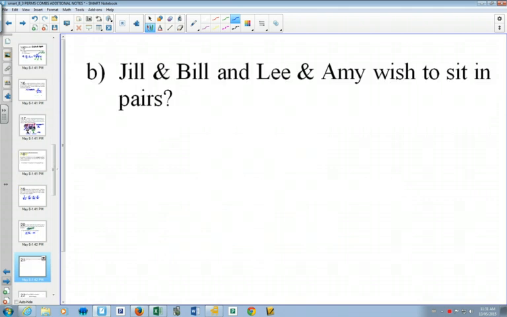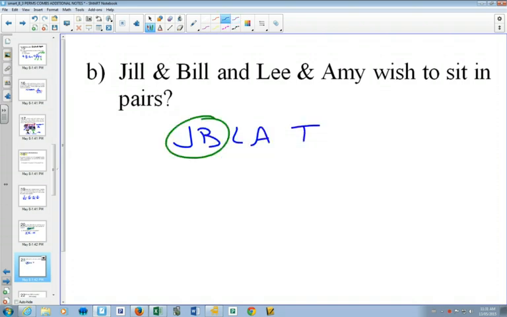Now, Jill and Bill and Lee and Amy, and poor Tom, although he gets his revenge in part C. Anyways, we'll get there. When we imagine it, these 2 are grouped together, these 2 are grouped together, and Tom's all by himself, but he's still an individual little group.